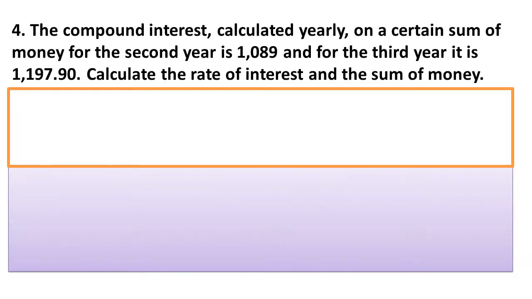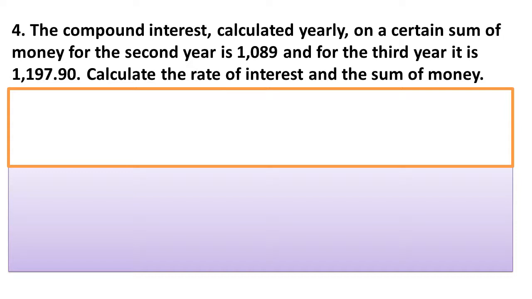Question number 4. The compound interest calculated yearly on a certain sum of money for the second year is rupees 1,089, and for the third year it is 1,197.90. Calculate the rate of interest and the sum of money.